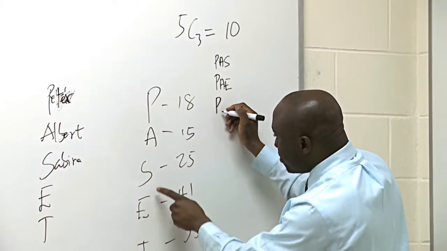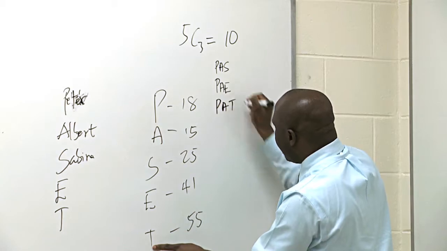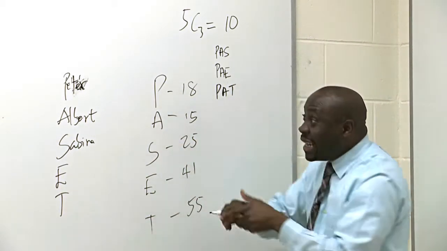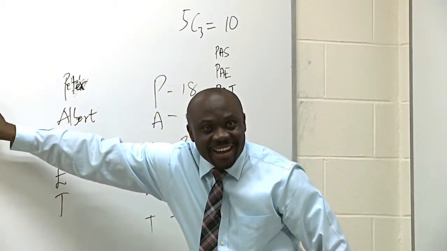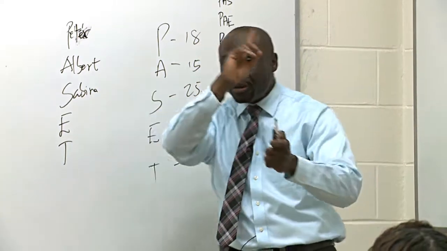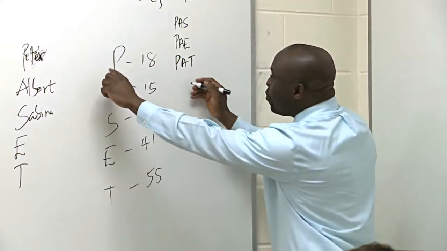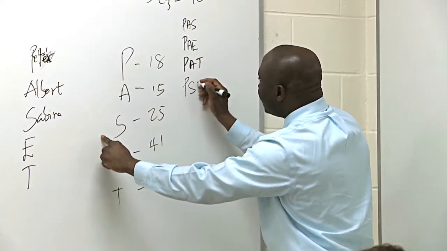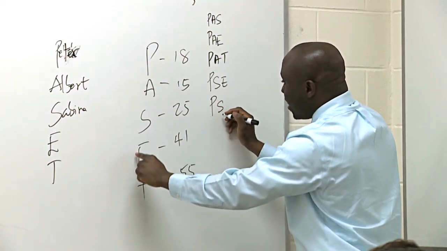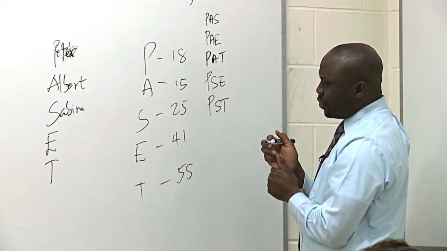It could be Peter and this. So far, so good? So this 495 is not just a number, but different combinations of the 4. So the next one could be Peter, S, and E. We can have Peter, S, and T.